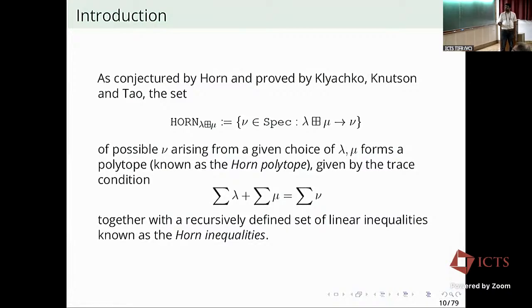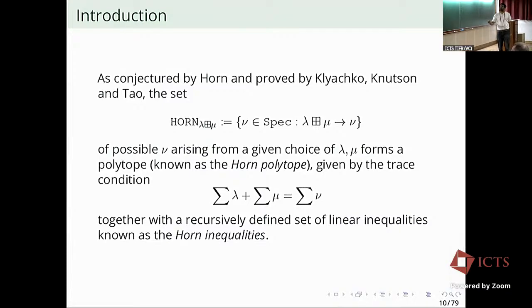As conjectured by Horn and proved by Klyachko, Knutson, and Tao, that particular set of possible spectra forms a polytope called the Horn polytope, which we'll call Horn(lambda plus mu), which is the set of all nu in the spectral cone such that lambda plus mu goes to nu.